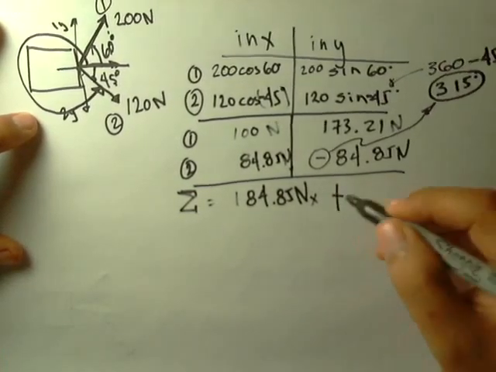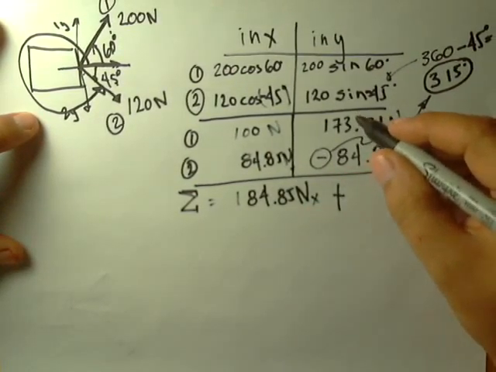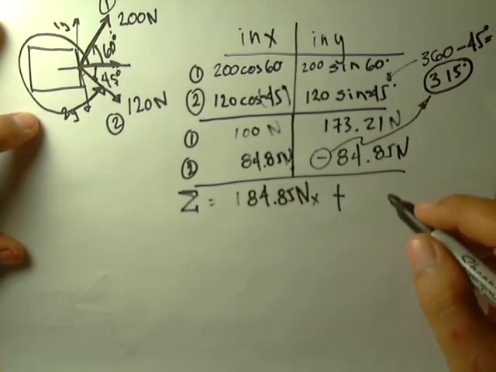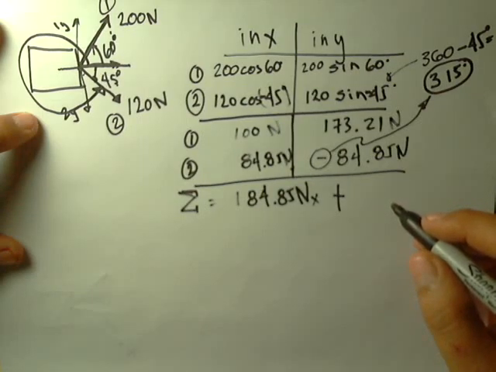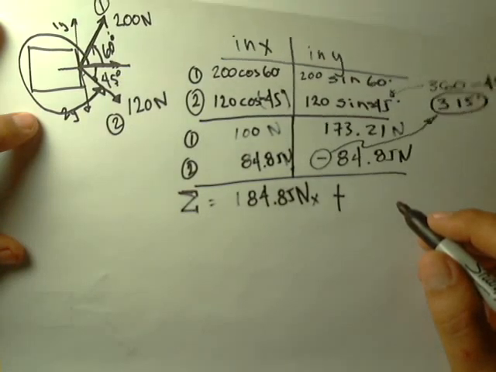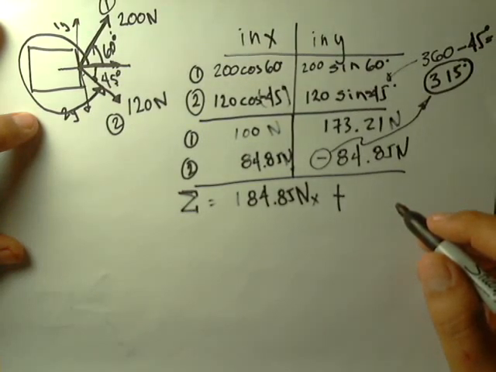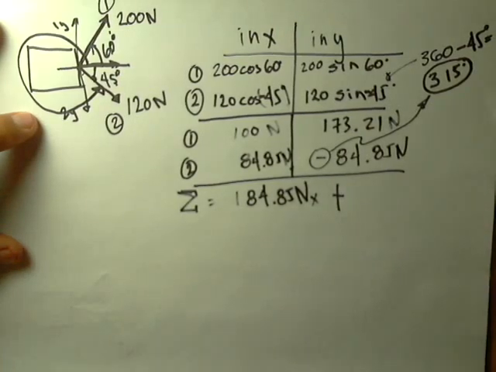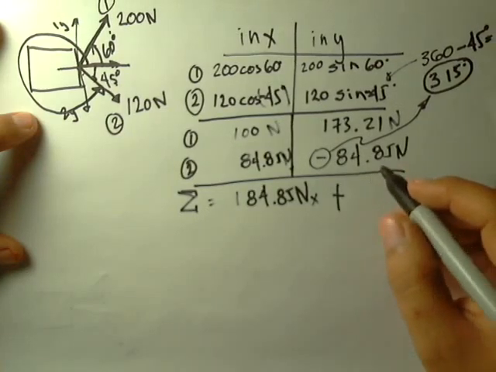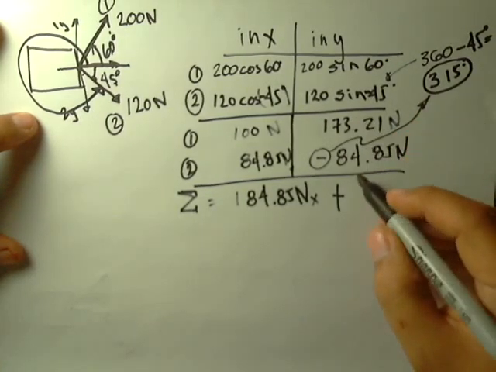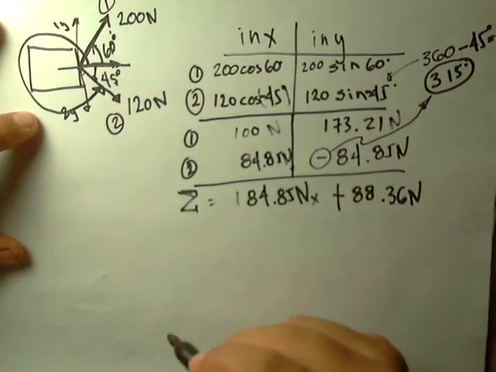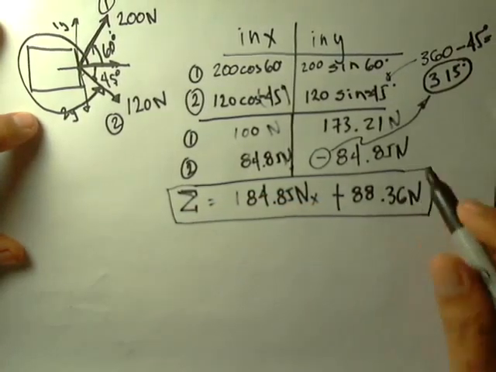In x, plus the addition of these two in y, which will be 88.36. Let me see. Yes, 88.36 newtons. So now we know that we have these two components.